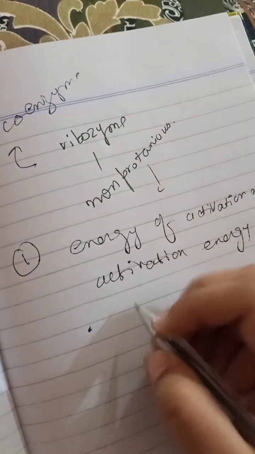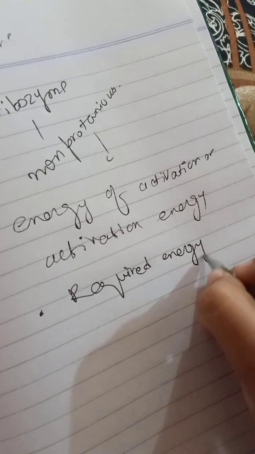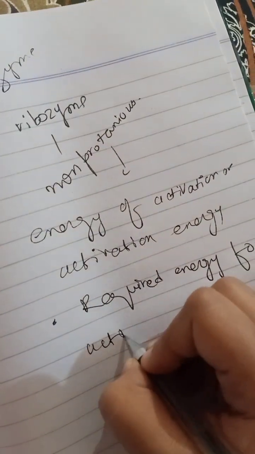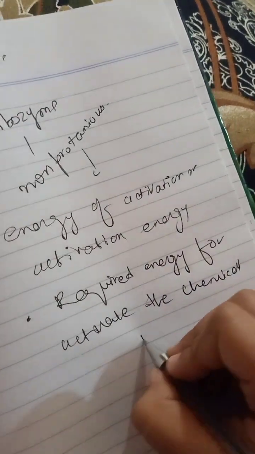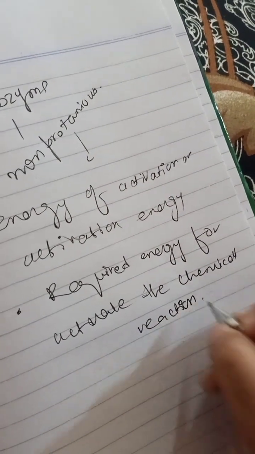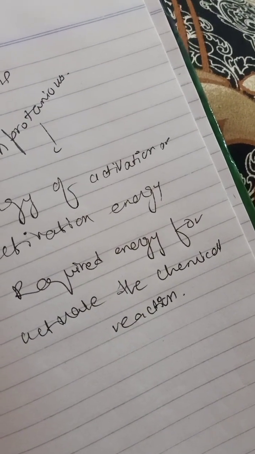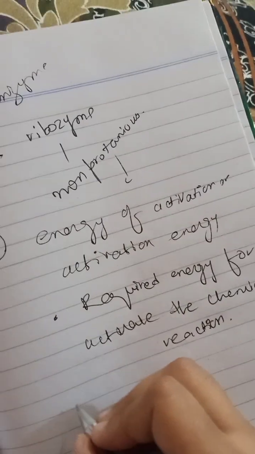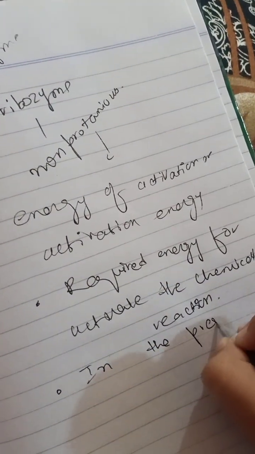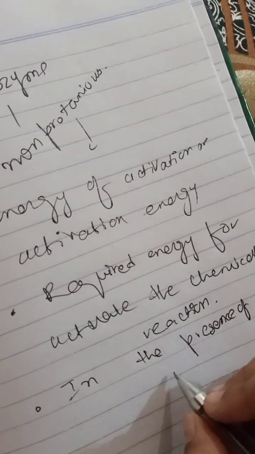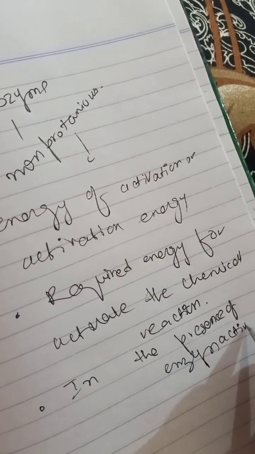It means the energy required for activating the chemical reaction; that is called activation energy. In the presence of enzyme, this is the main point, this energy will become less, or you can say the activation energy will become less.